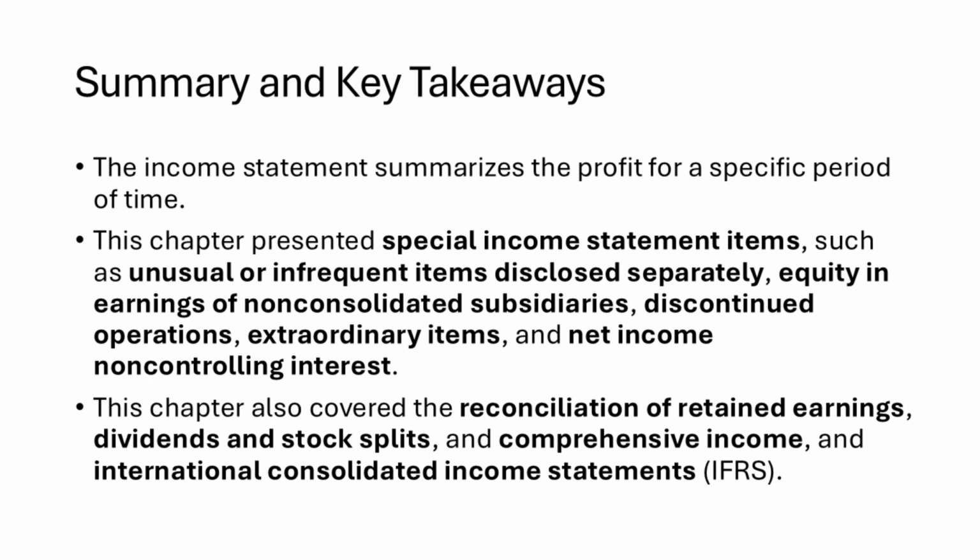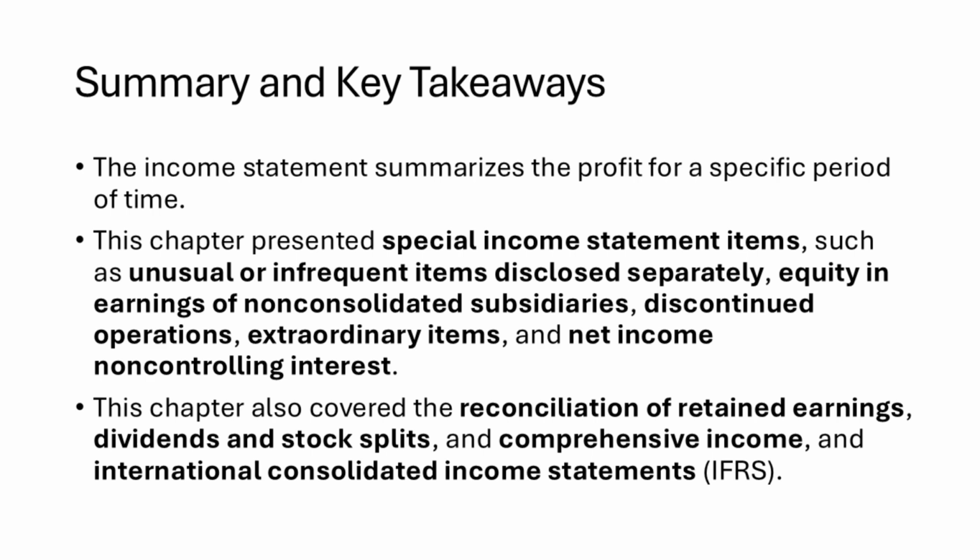The income statement summarizes the profit for specific periods of time. To understand and analyze profitability, readers must be familiar with the components of income, as well as income statement items that require special disclosure. This chapter presents special income statement items, such as unusual or infrequent items, discussed separately.